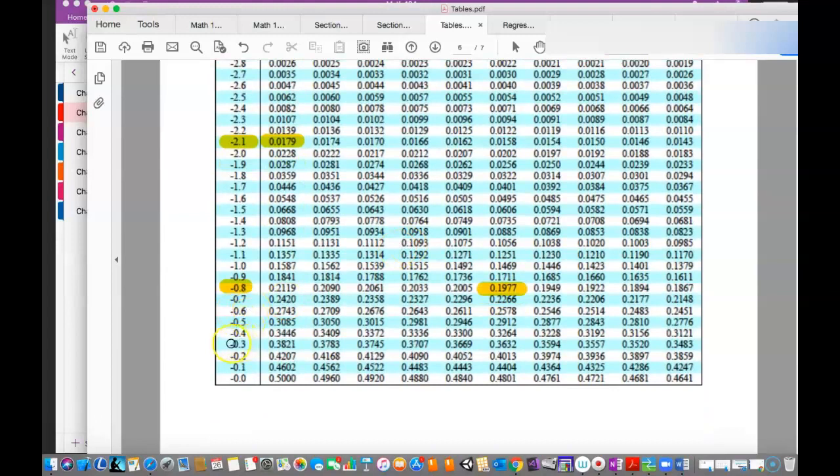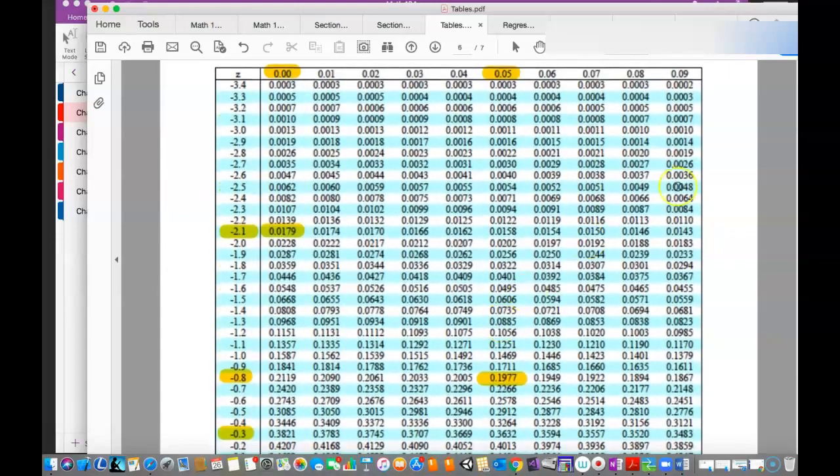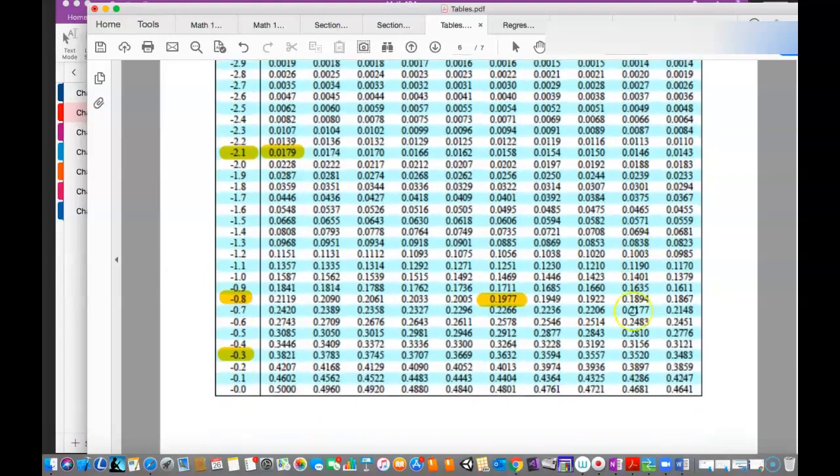Okay, negative 0.38, the 8 here is on top. So the area is 0.3520.